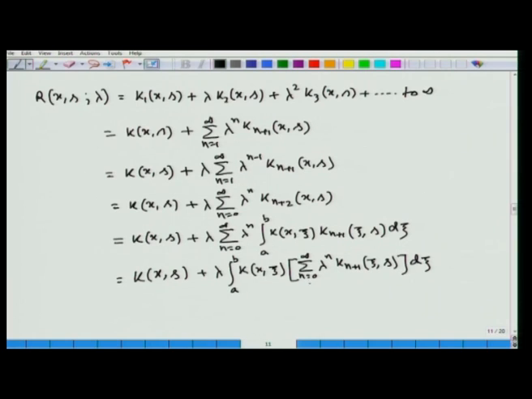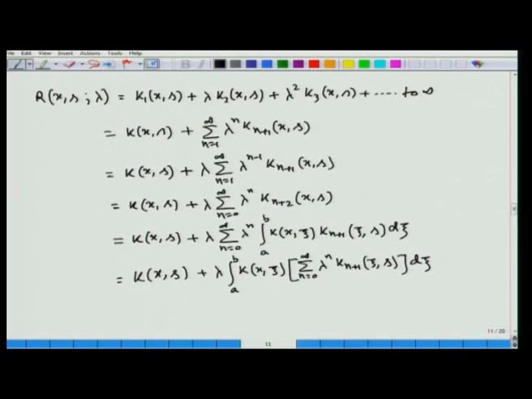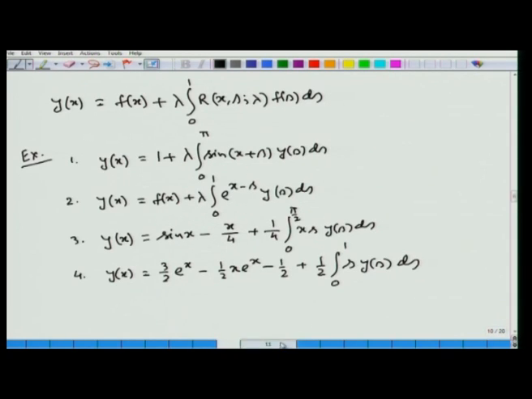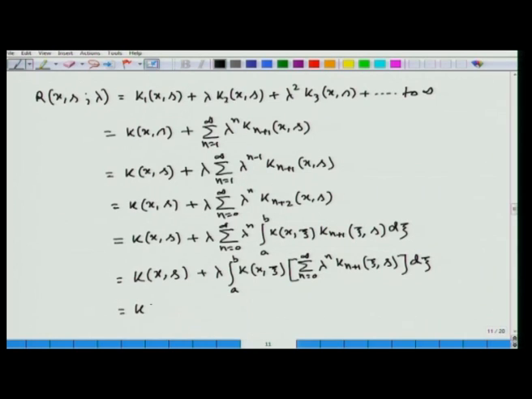Now, this sum n running from 0 to infinity lambda to the power n K_{n+1}(xi, s) is nothing but our resolvent kernel written in terms of xi and s. So, therefore, we can write this is equal to K(x, s) plus lambda integral a to b K(x, xi) R(xi, s; lambda) d xi.